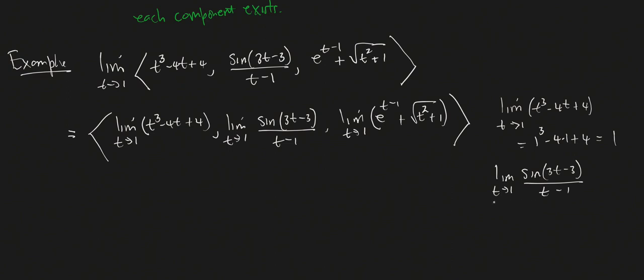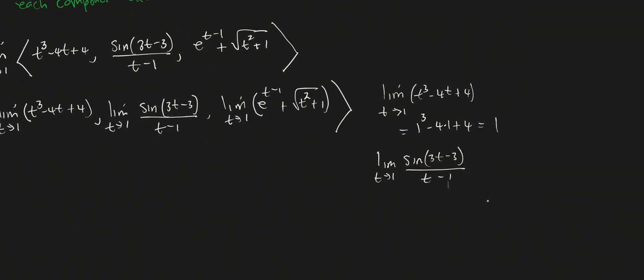Now, when we try to evaluate this by simply plugging in t equals 1, the limit as t approaches 1 of the numerator, the sine function, is going to give me the sine of 0, which is 0, and the limit of the bottom, t minus 1 as t approaches 1, is also 0.